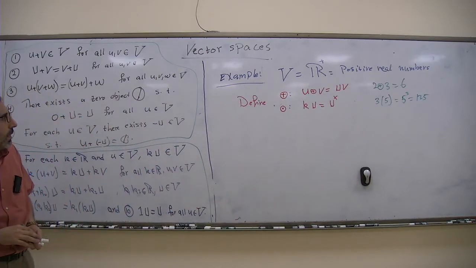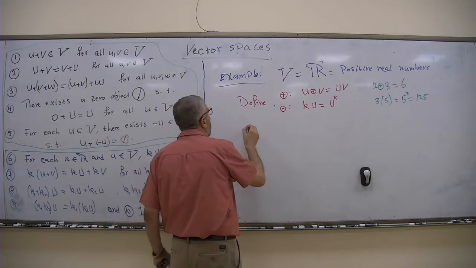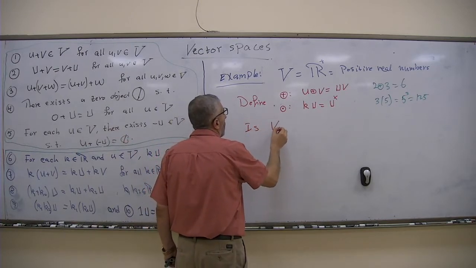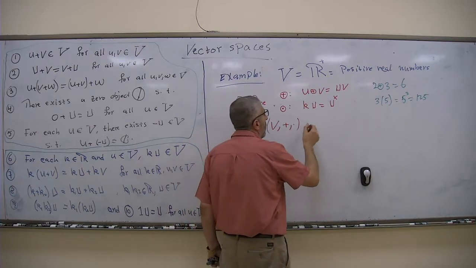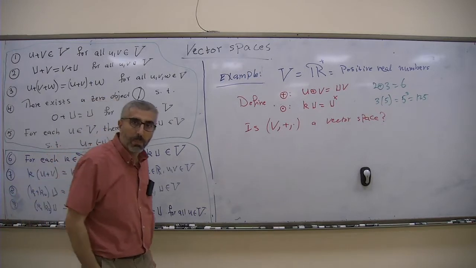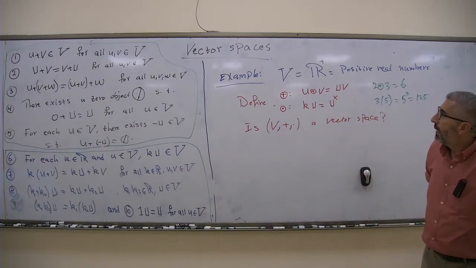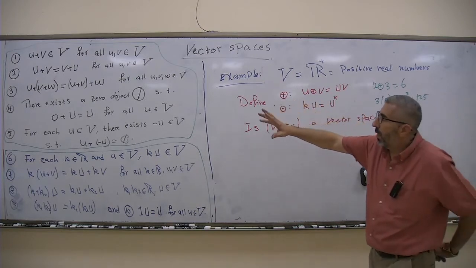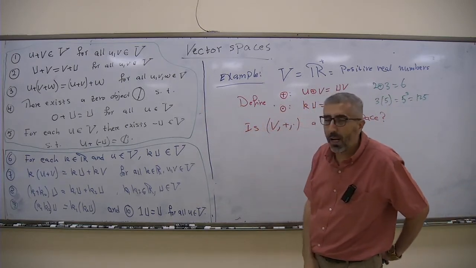Is this a vector space? Is V with these two operations a vector space? It is becoming interesting here. Some of those conditions are going to be valid, kind of trivial, but some are not.